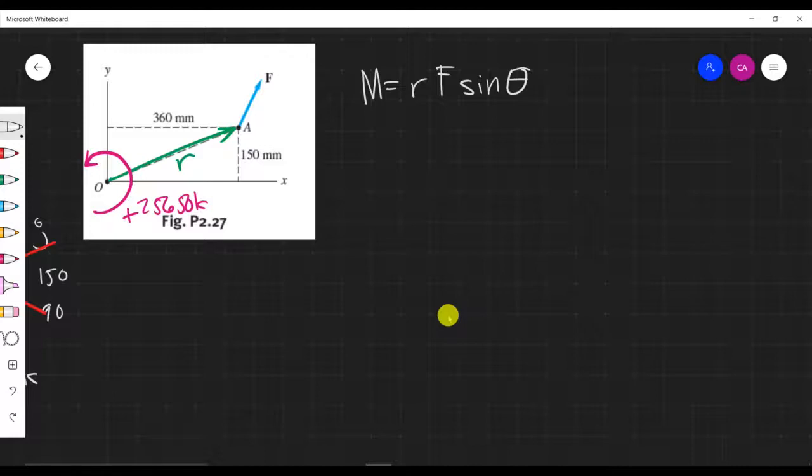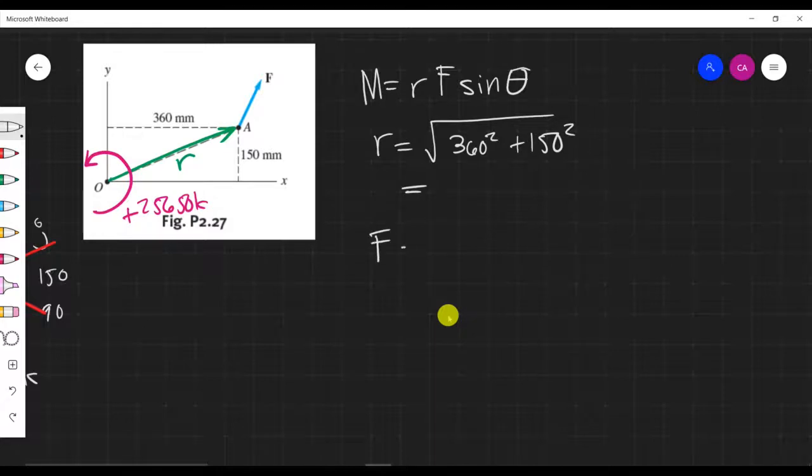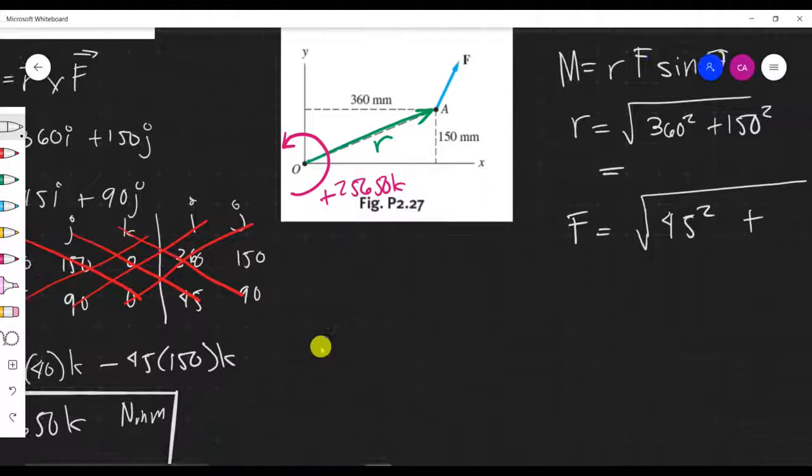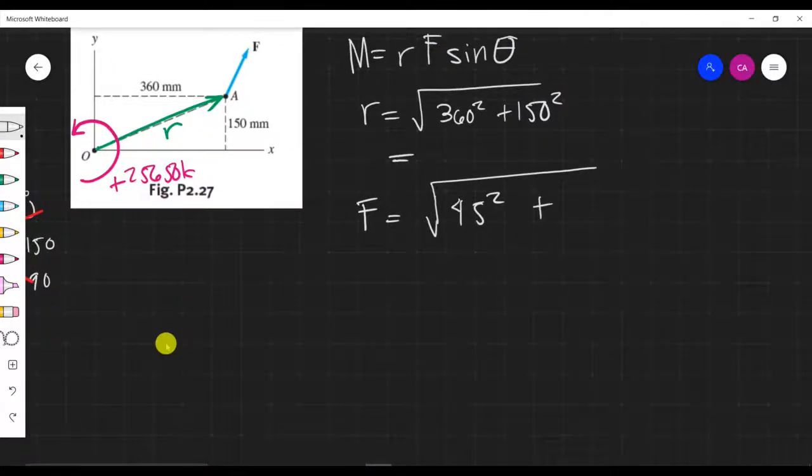Okay? So, alam na natin yung R, which is R is equals to square root of 360 square plus 150 square. Anong value? Then, po-solve yung magnitude ng F, which is square root ng 45 square plus 90 square.